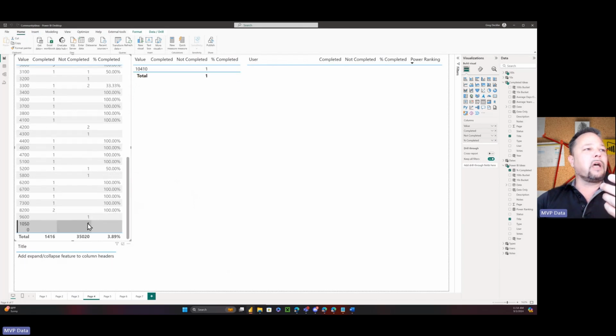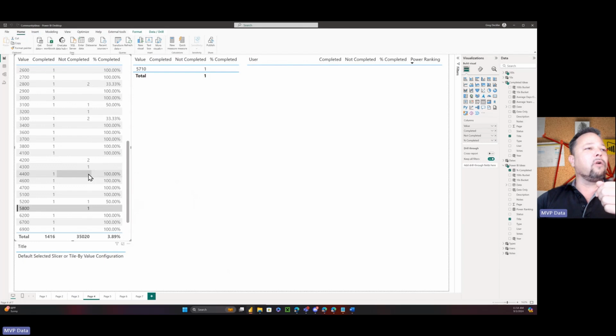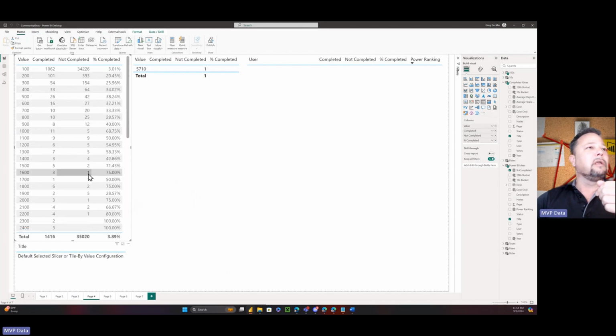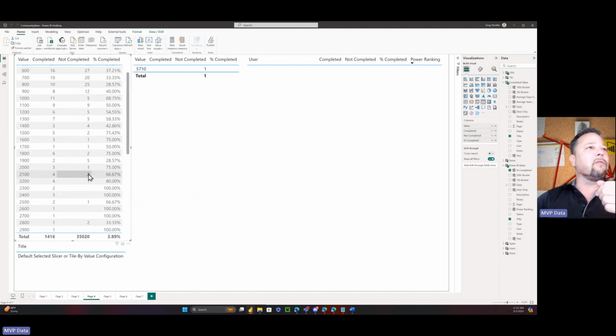This is going to be your top vote getters: collapse headers, and light and dark interface. This one is your default selected slicer by tile, by value configuration. So there are some interesting anomalies.